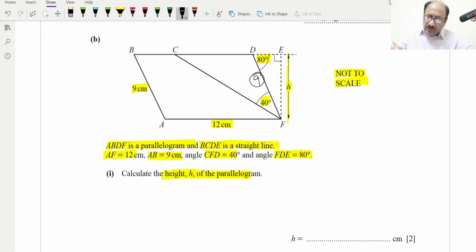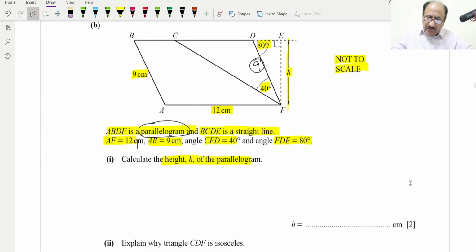Why this will be 9? Because this is a parallelogram which is provided over here. So opposite sides are parallel to each other. So we can write DF is equal to 9 centimeter, which we will be using. So h over 9 is equal to sine of 80 degree.